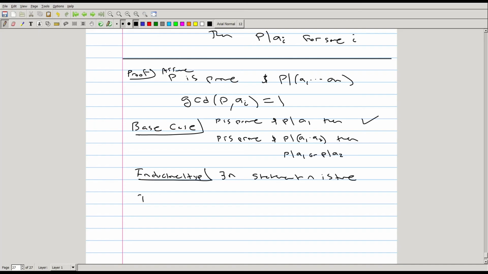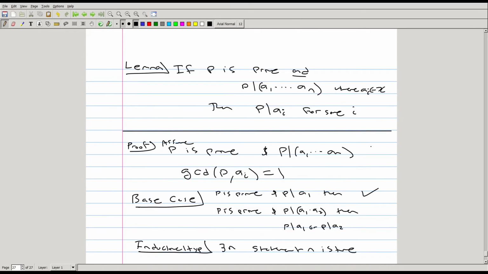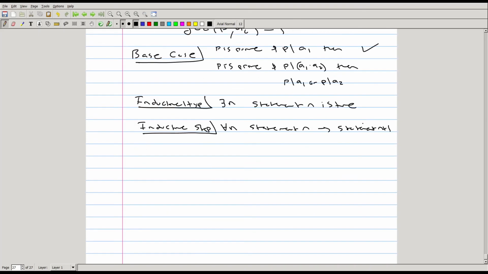In the inductive step, is to show that if it's true for some n, then for all n, statement n implies statement n plus 1. And this is a relatively good exercise for you to think of how to go through and do it. So I'm not going to finish it, but it's a very good exercise.